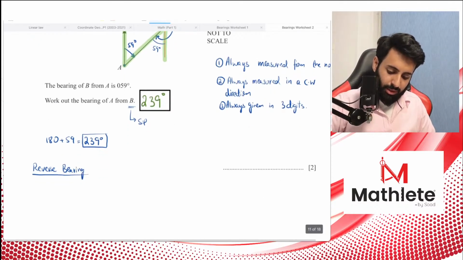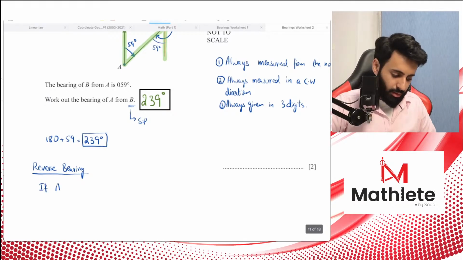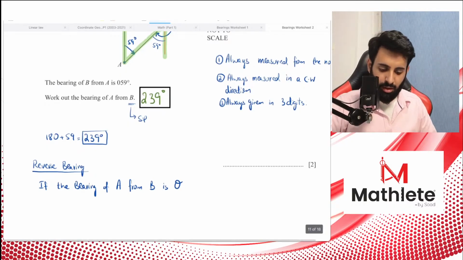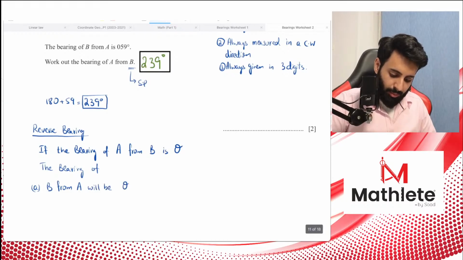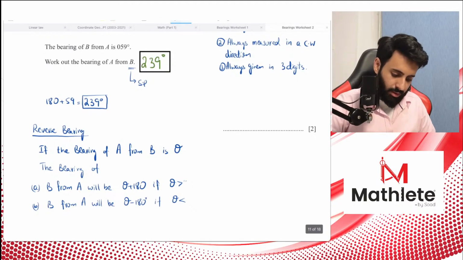This is how it works. If the bearing of A from B is theta, then the bearing of B from A will be theta plus 180 if theta is less than 180, or theta minus 180 degrees if theta is greater than 180.